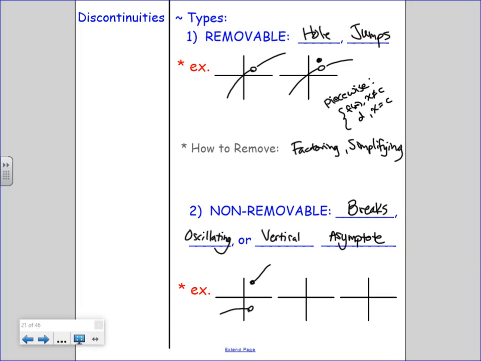An absolute value is a piecewise function, hence why that one behaves the same. Oscillating would be like our sine of 1 over x, because the limit doesn't exist, but it's not necessarily a break. It's not necessarily even a hole. It's just its own little dude. And then, of course, we have our vertical asymptote, whether the sides agree or disagree. So I'm just amending that a little bit from what I showed you before.